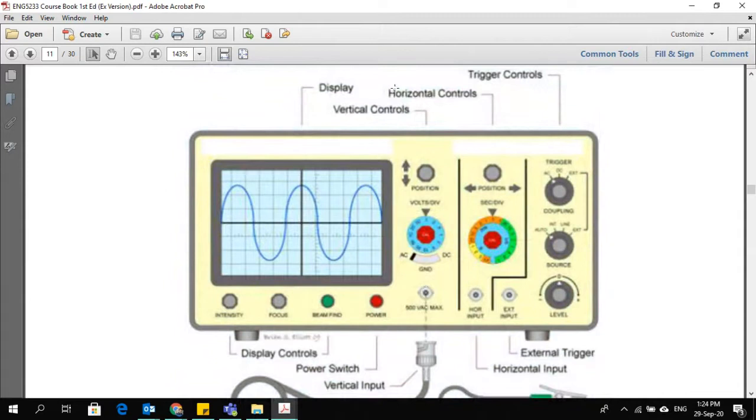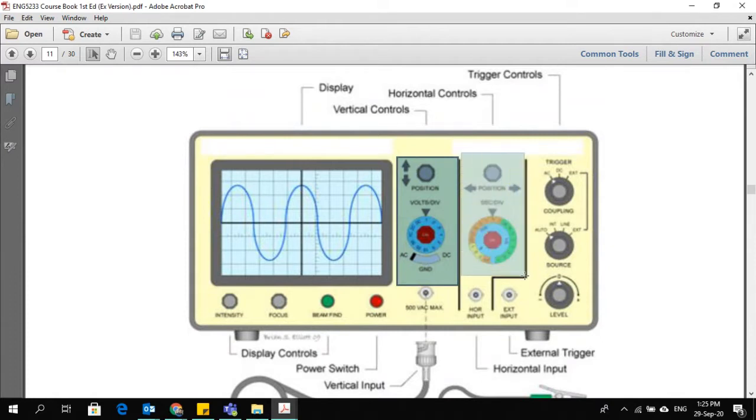Okay. Then there are horizontal controls, which are here. Horizontal controls do the same thing I explained for vertical controls, but they adjust the time scale. The vertical controls adjust the voltage scale, which is on the vertical axis.